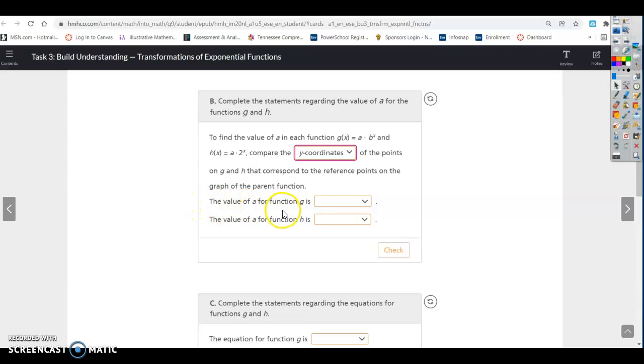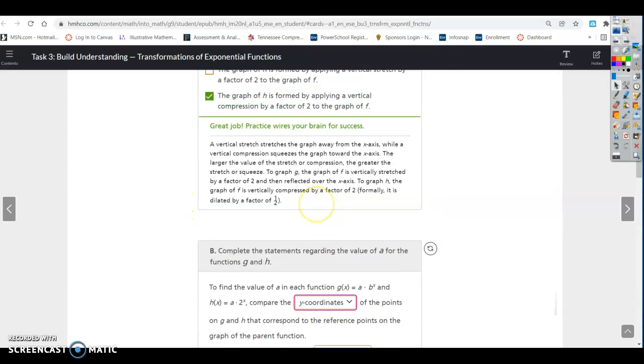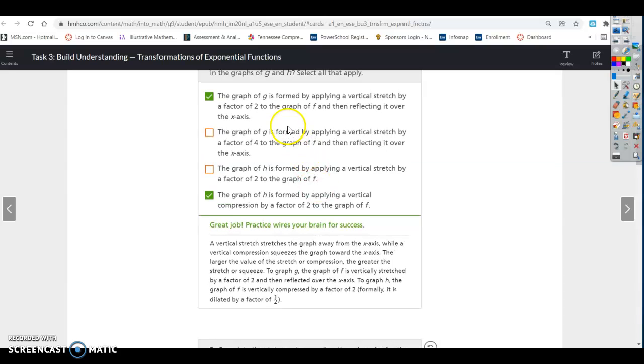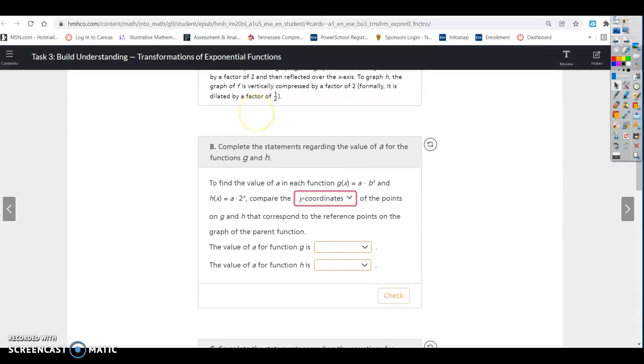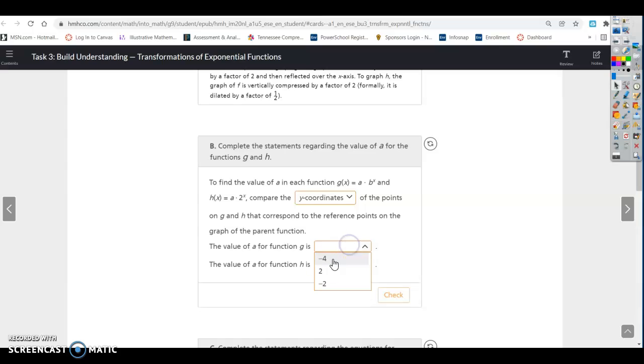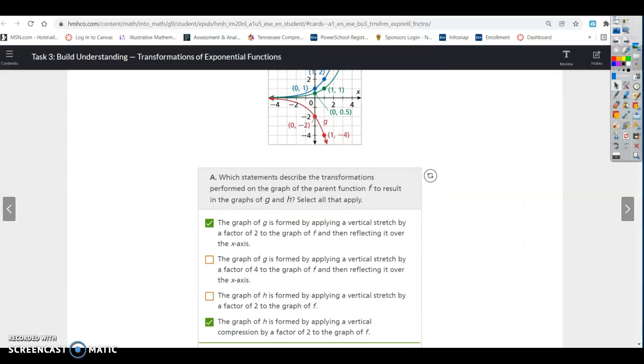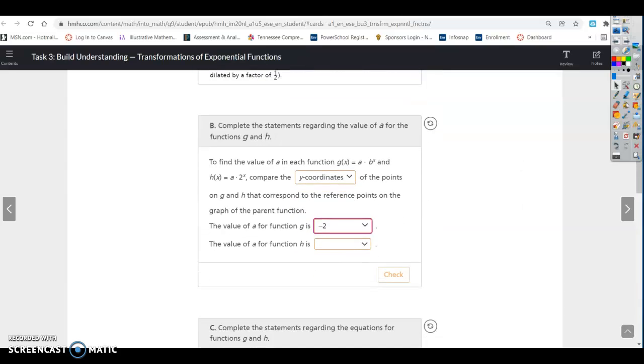So the value of a for g would be -2, and the reason is g is upside down. Because it's going down, that means it's been reflected across the x-axis as well.